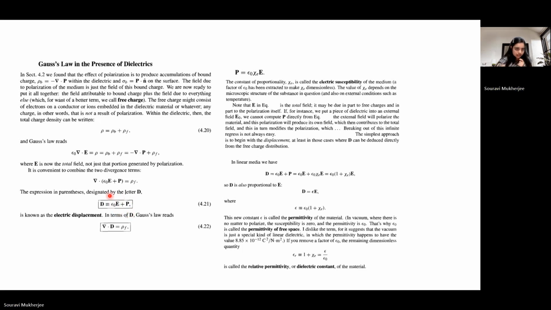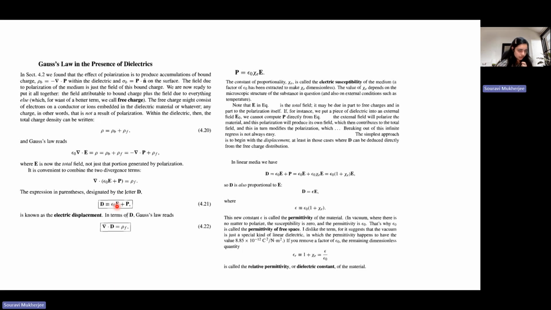So this term, the electric displacement, has contributions from all of it. When you consider E, this E is the total field. It has contributions of free charges as well as the bound.